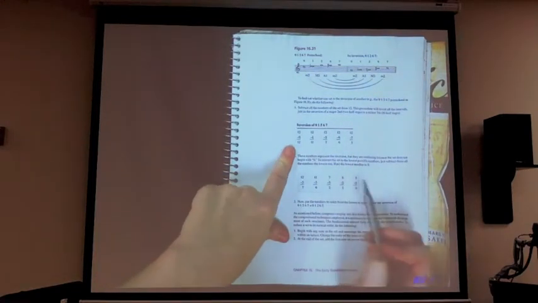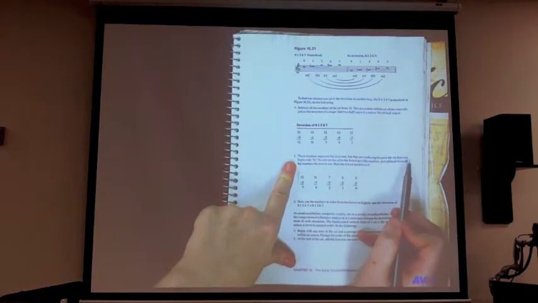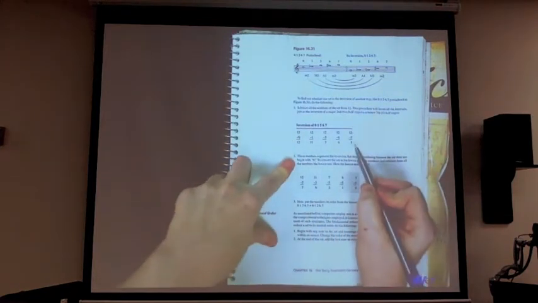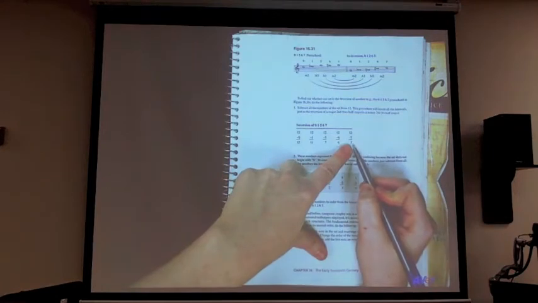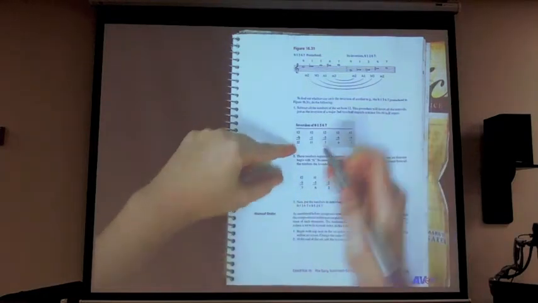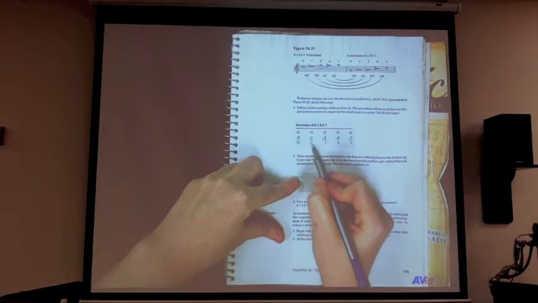All right, so these numbers represent the inversion, but they're confusing because the set does not begin with 0. So you don't have a 0 here. So now you're going to take the lowest number, in this case 5, and you're going to turn 5 into 0 by subtracting 5 from each of these.